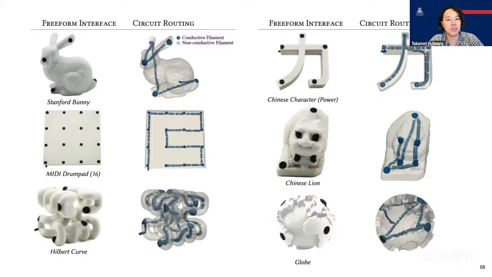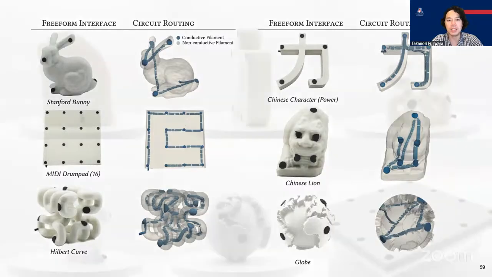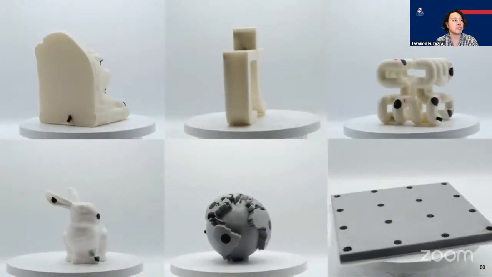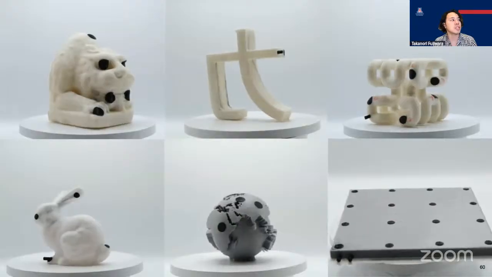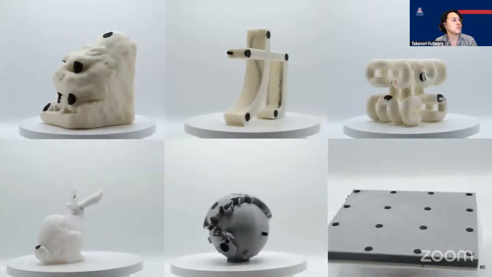We can now support a variety of geometry, from simple geometry like boxes and spheres to more complex shapes like a Hilbert curve. And you can see printed examples here and sensing examples as well.